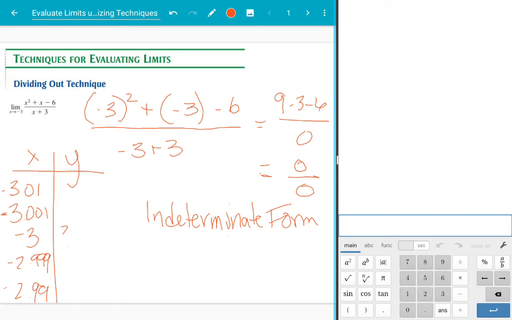Okay, all right, so really quickly, we're going to have parentheses in the numerator. I have -3.01.